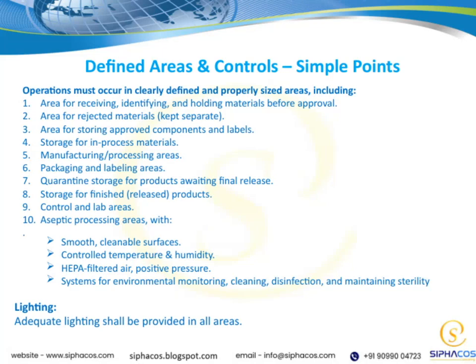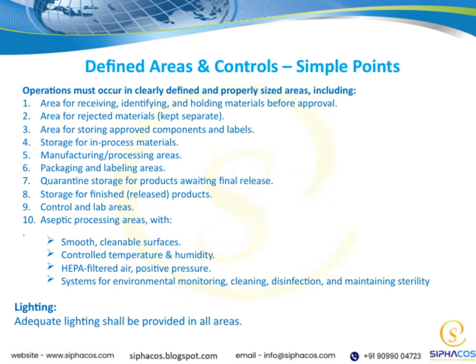Now, let's talk about the key requirements for lighting and environmental controls in these critical areas. Adequate lighting must be provided throughout all spaces to ensure visibility and safety. Surfaces should be smooth and easy to clean, which is essential for maintaining cleanliness and preventing contamination. Temperature and humidity need to be carefully controlled to create stable conditions that support product quality and sterility.